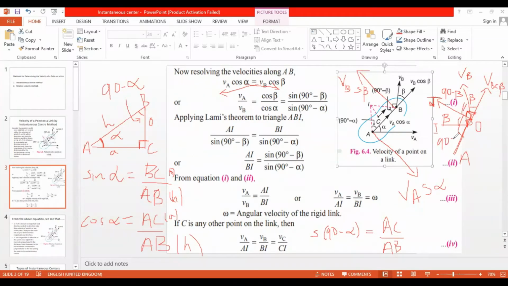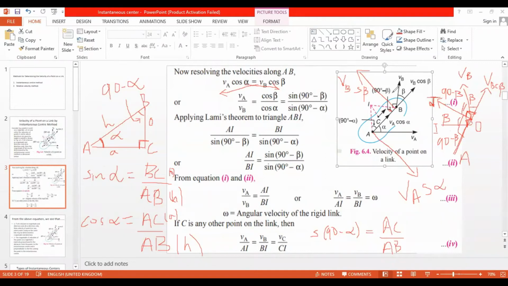Why? When you add this 90 minus beta and beta, you should have 90 degrees. So JOA is beta plus 90 minus beta. This plus beta and this minus beta will be cancelled out and we will have 90. So this is why this angle is 90 minus beta.